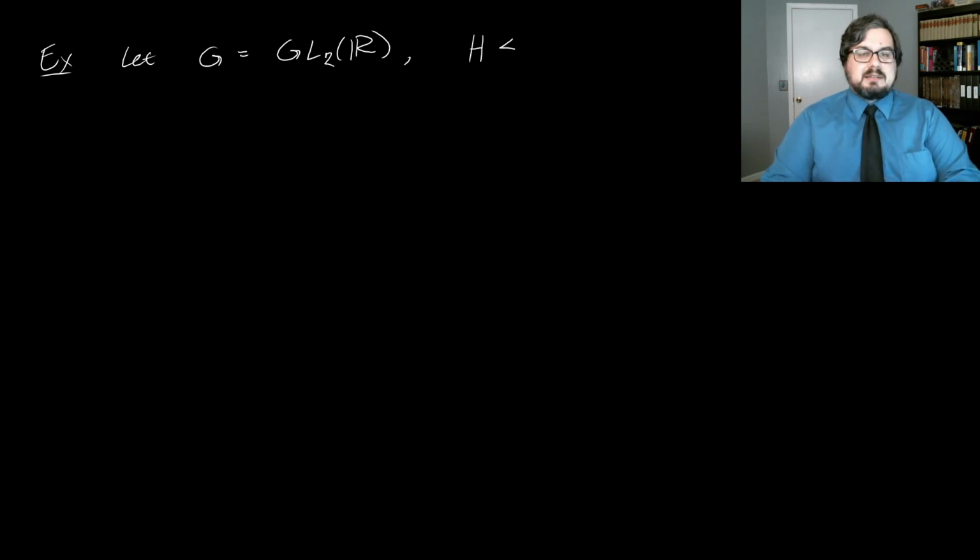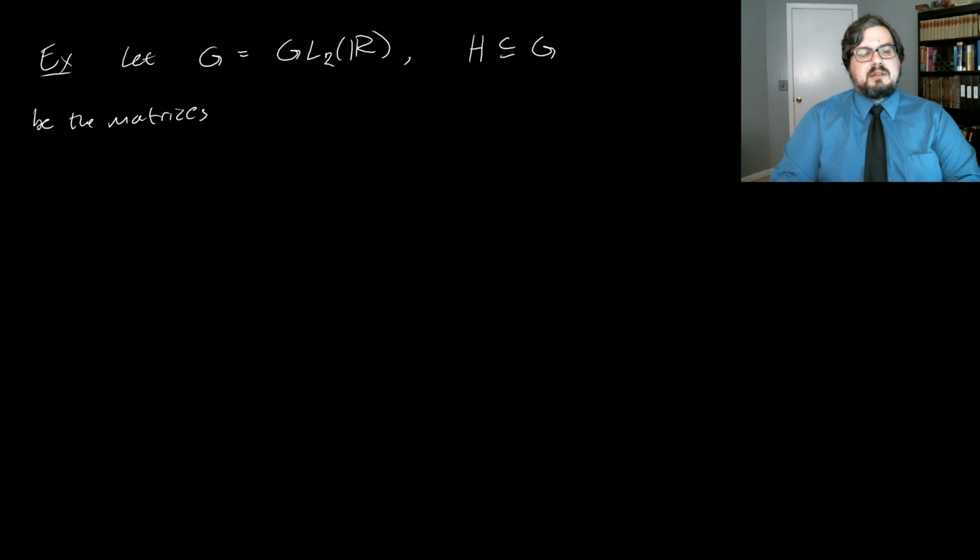So, for example, let G be the group GL2R, which we've seen before, and let H be the subset of G of matrices with rational determinant.